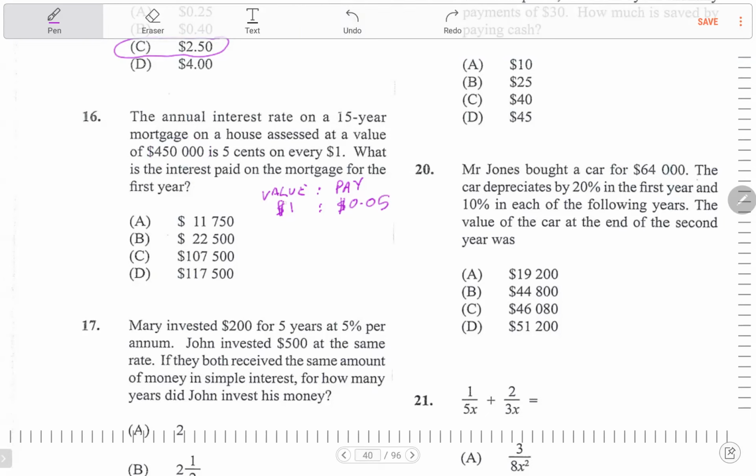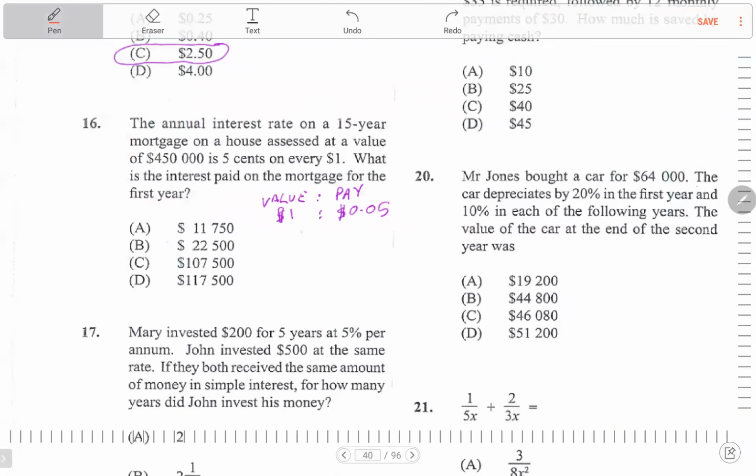So we need to multiply everything by 450,000 because I want this side to become 450,000. And so this side becomes the 450,000 that you want it to be.